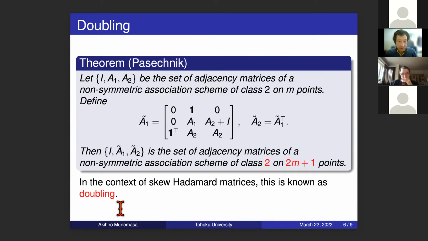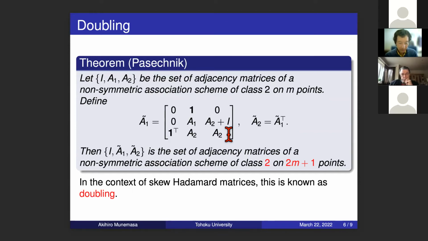So we start with a non-symmetric association scheme of class 2, and let the number of points be m. Then this time we construct, in a similar manner, a matrix, but the resulting matrix has size 2m plus 1. So I add just one extra row and column, and then arrange A1, A2 in appropriate manner, but I also here add identity matrix.